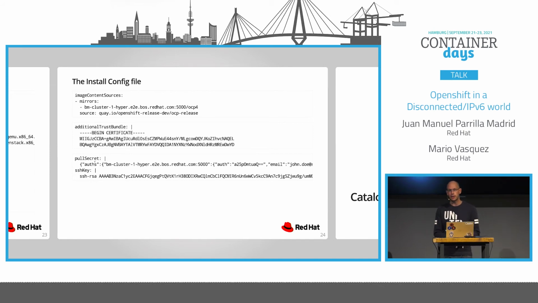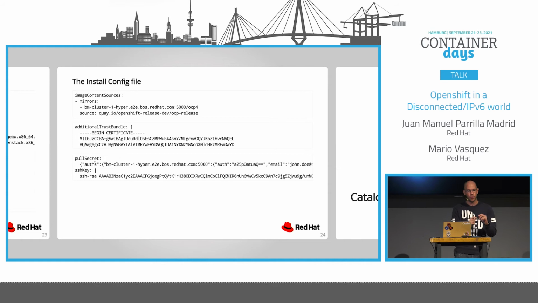Image content sources. It involves one thing that I will explain later, but long story short, when the runtime of every node, in this case CRI-O, tries to go to the external registry, in this case Quay or Red Hat registry, the runtime will take into account that you have some kind of mirror at some point in some place.